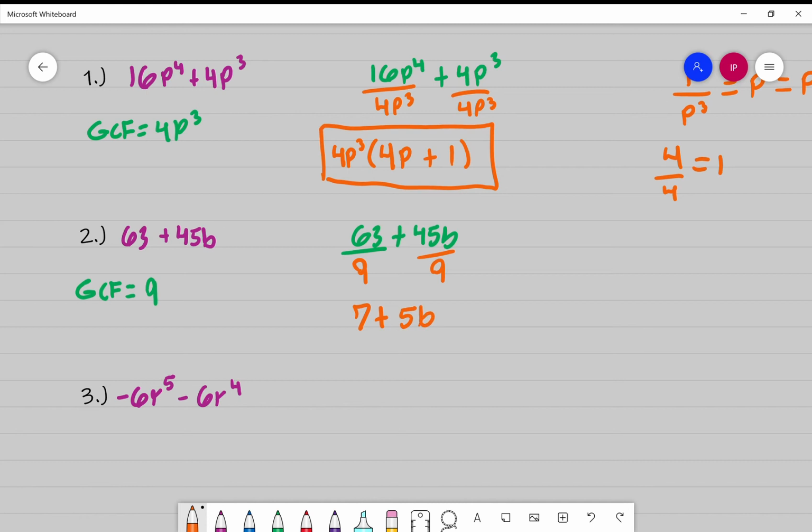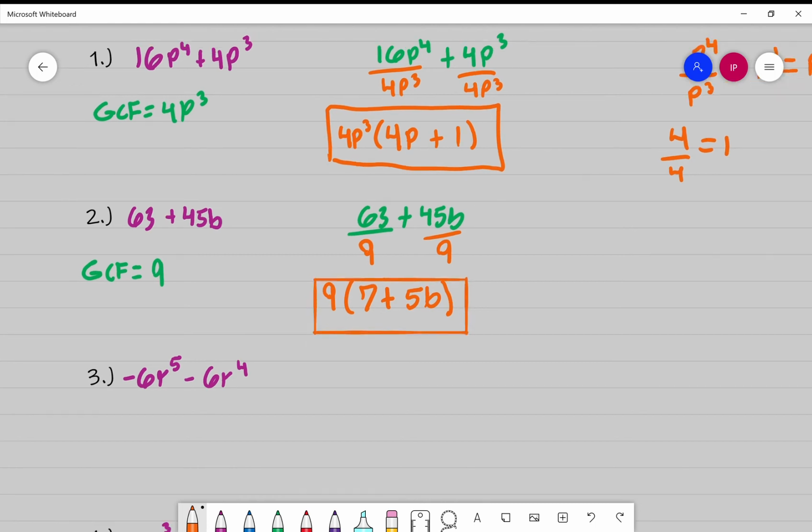Alright, and then like in the previous example, we have to put our quotient in parentheses, and then we tack on the GCF on the outside of the parentheses. And that's it. That's our answer.